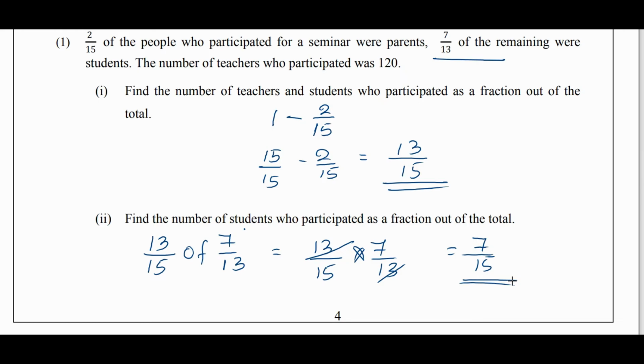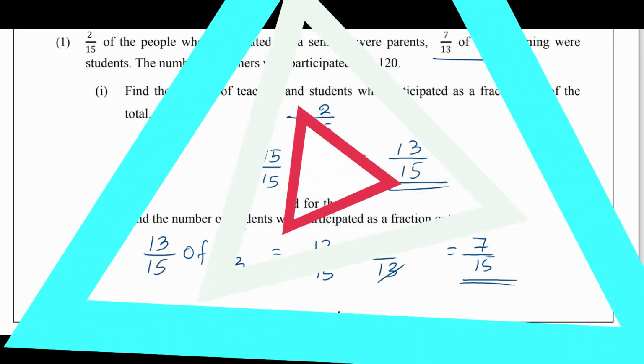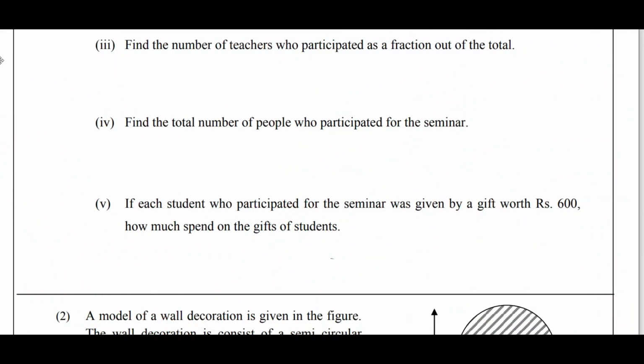That means the total participants are separated into 15 equal parts. Therefore, 7 parts are equal to the value of students. I'm going to the Roman part 3. Find the number of teachers who participated as a fraction of the total.